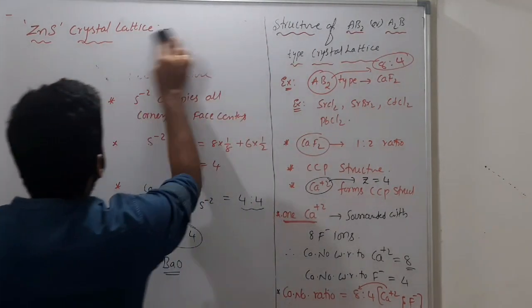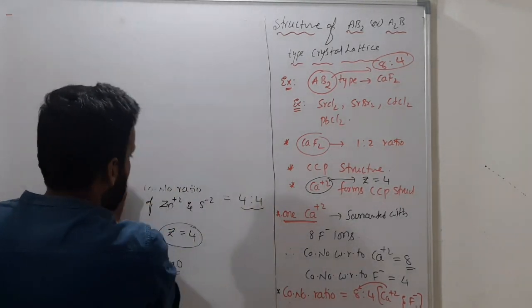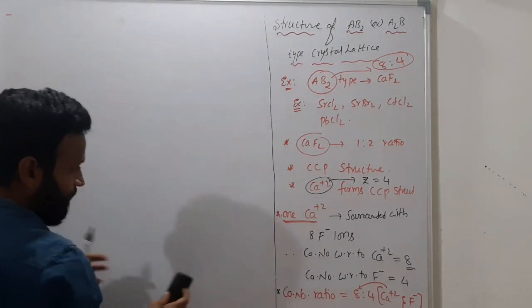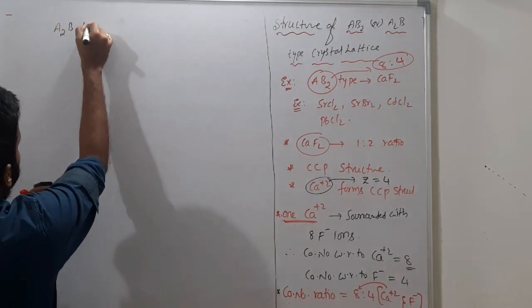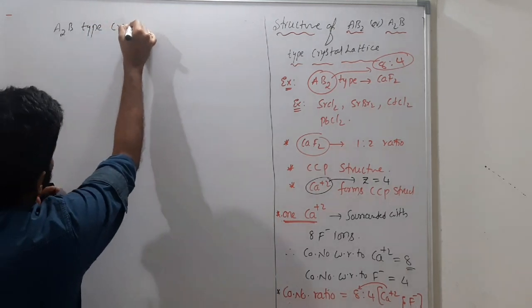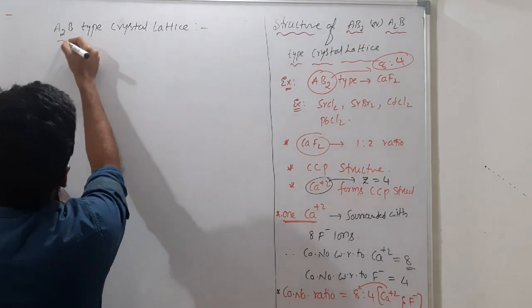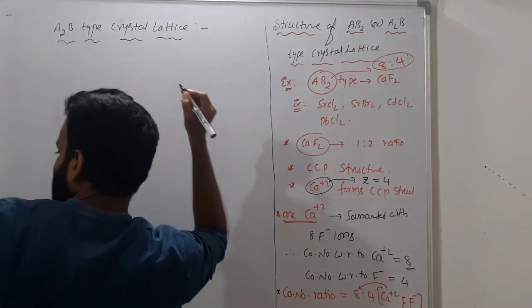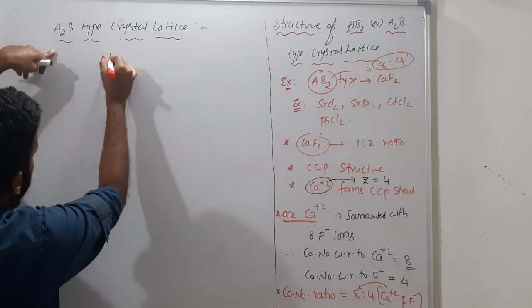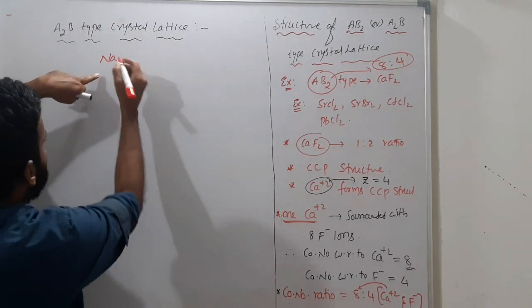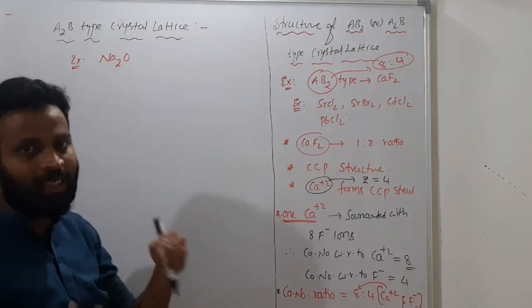In a similar way, one more is there: A2B type. Okay. So in A2B type crystal lattice, we have to first see how the ions exist. Example I am giving, Na2O.